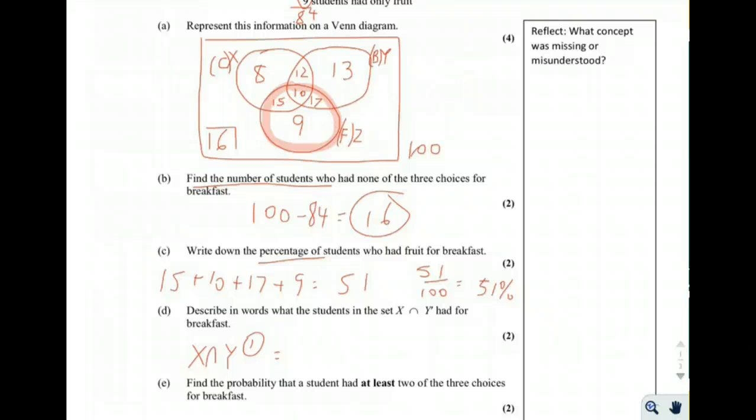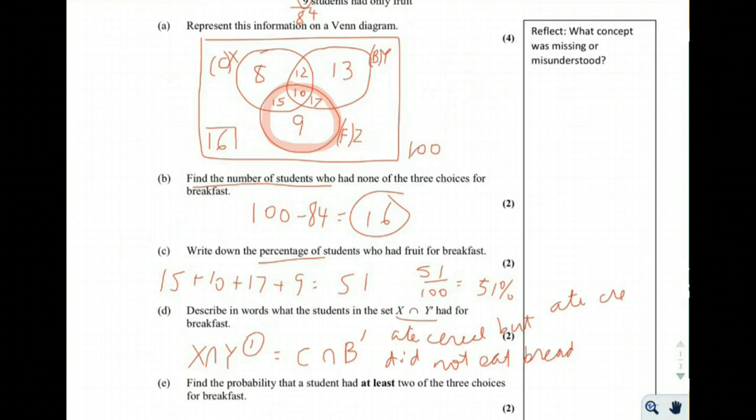So this is actually equal to C intersect B complement, which means the student in this set ate cereal but did not eat bread. Or you could say something like ate cereal and did not eat bread. Something like that.